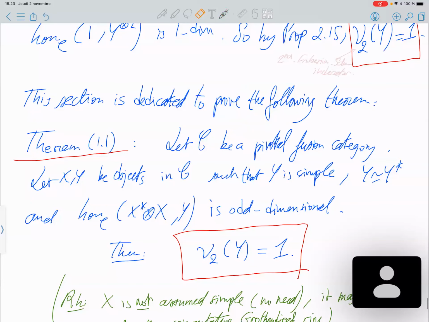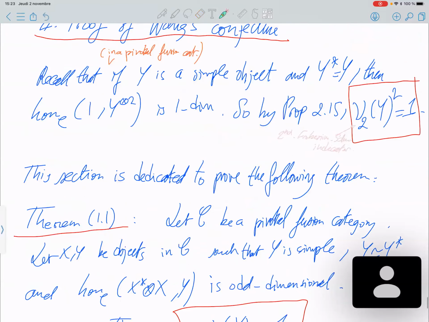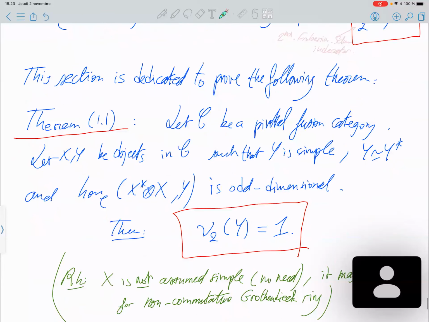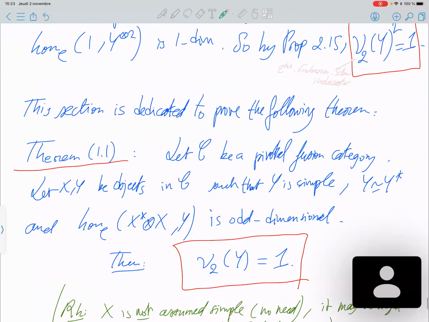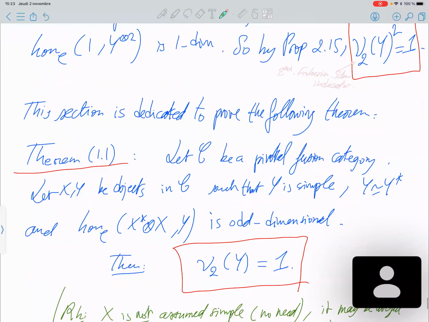And Wang's theorem is saying that if this Hom space is one-dimensional, so if there is a Y component here with odd multiplicity, again, Y is self-dual, simple, and X is general, then this forces the Frobenius-Schur indicator to be 1.